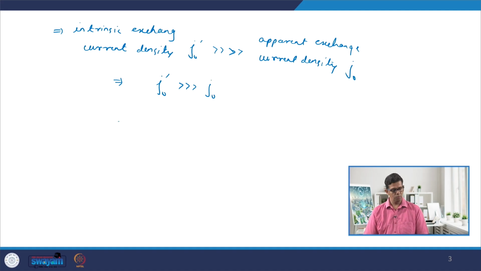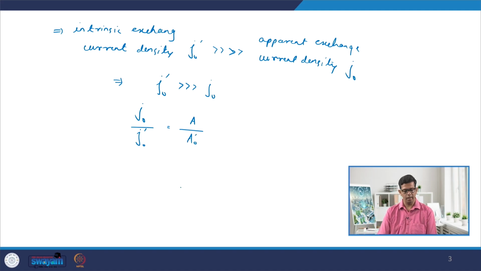And how are these two related? They are again related by the respective areas. J naught by J naught dash, the apparent to the intrinsic exchange current density, is related by the ratio of the apparent area and the intrinsic area.